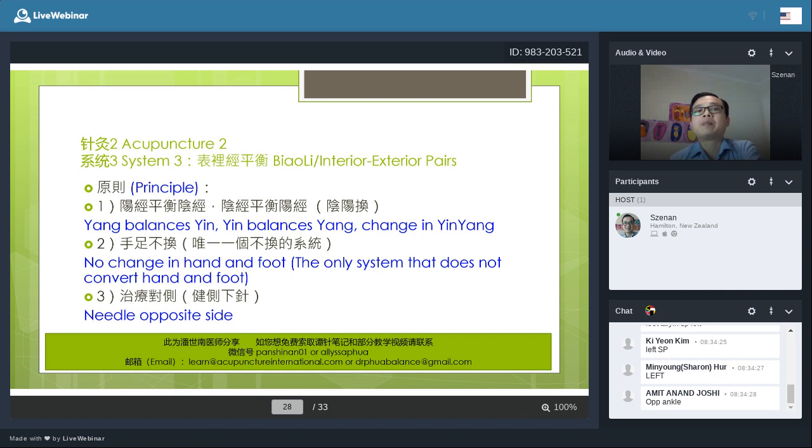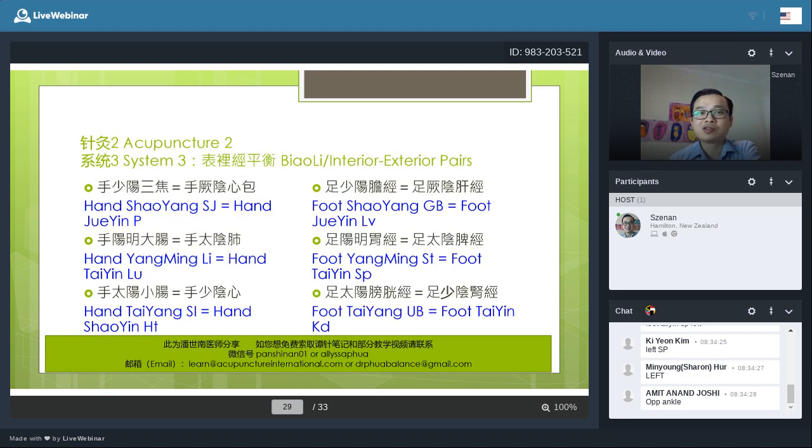Now, Biaoli relationship, 表里, interior and exterior pairs. I don't think I need to talk much about this because most people know about this. Any of you don't know about 表里 relations of the meridian and 脏腑?